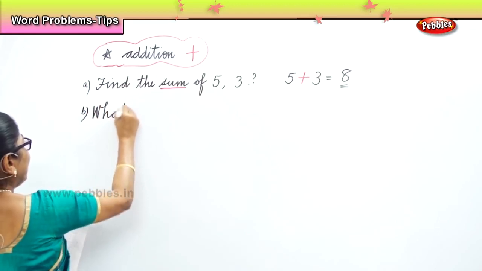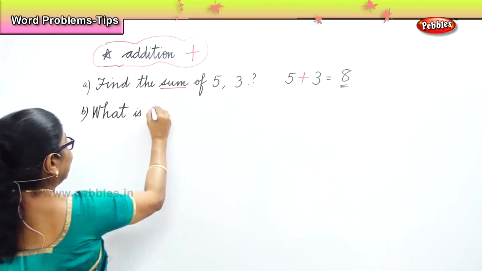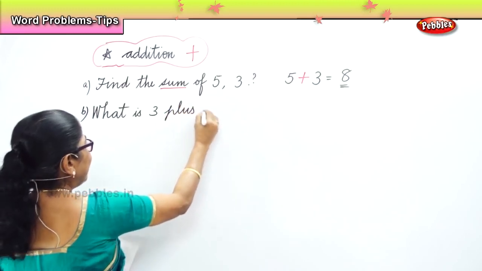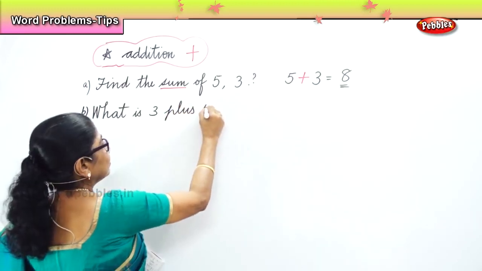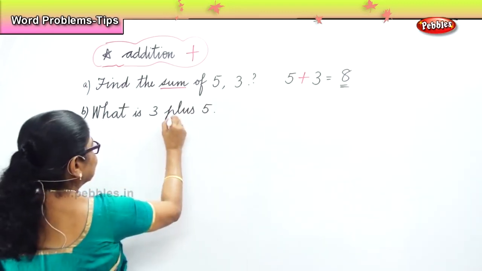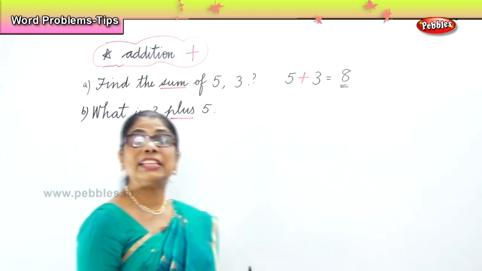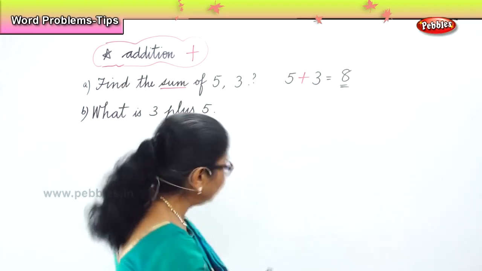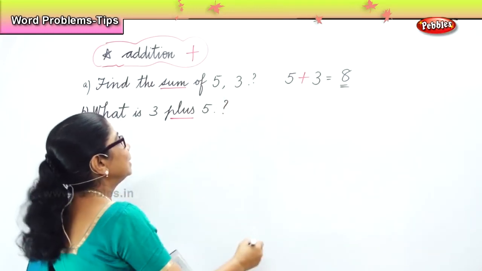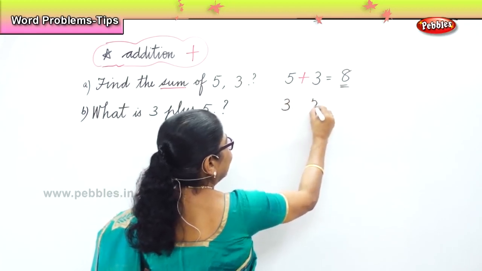Next, small word problem. What is 3 plus 5? Again, I am underlining the word plus. When you say sum, it is addition. When you say plus, it is plus. So, what is 3 plus 5?